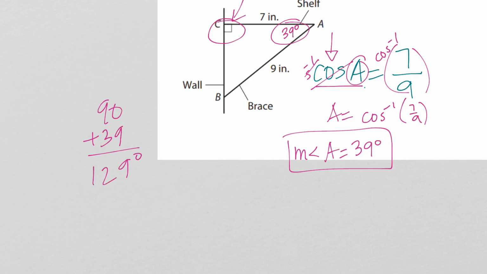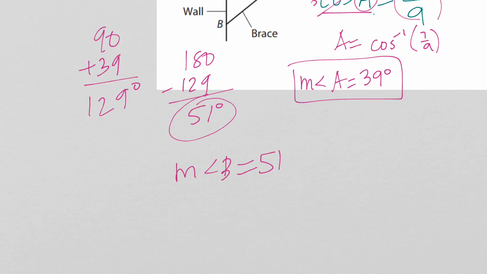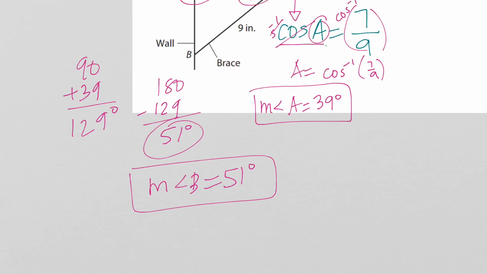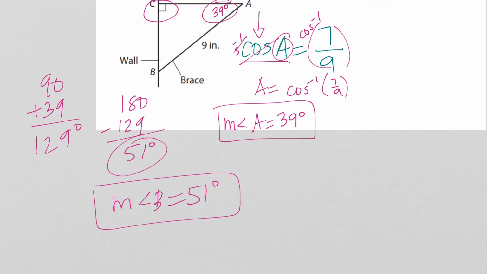Angle B has to sum up with angle C and A to 180, so 180 minus 129 gives me 51 degrees. So the measurement of angle B is approximately 51 degrees. Or you could use sine, cosine, or tangent to find angle B, and you'll end up getting the same answer. But it's up to you.